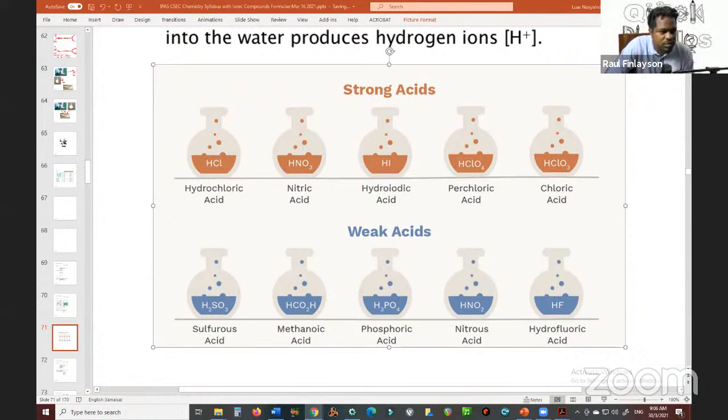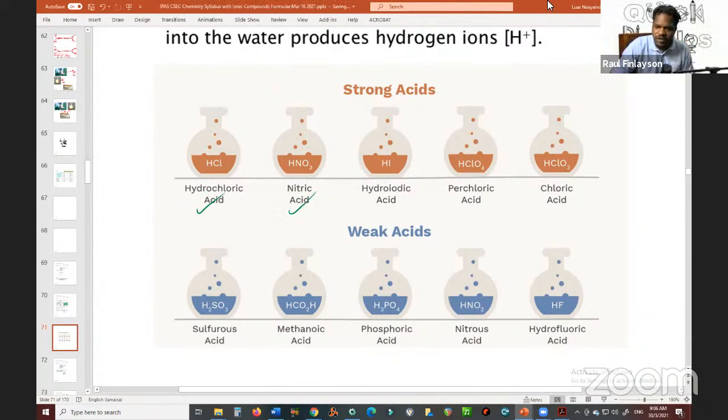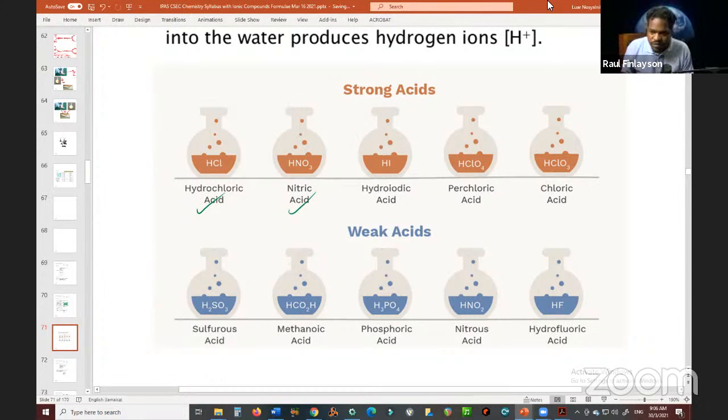I think that's it. The thing about acids is that there are three theories, and at CXC level they don't want us to tell you too much about those theories. But the strong acids now, we're looking at hydrochloric acid, nitric acid. They don't have sulfuric acid here, but it's one of those. Hydroiodic acid, perchloric acid, chloric acid. These are not so common.